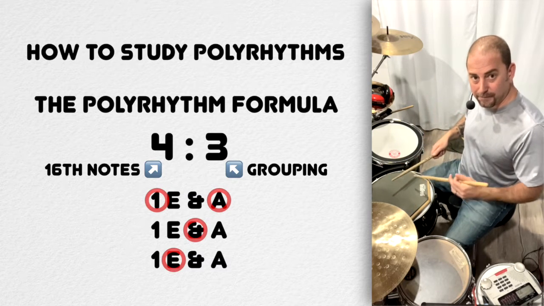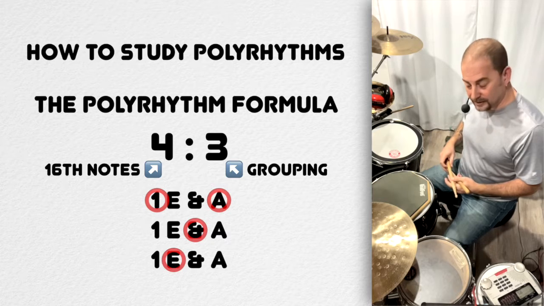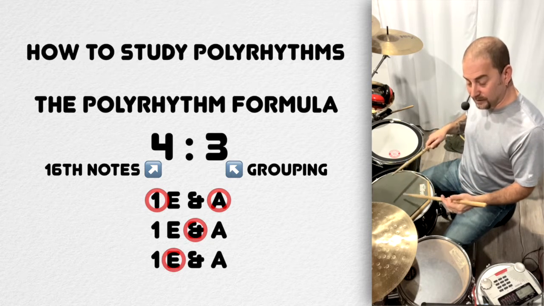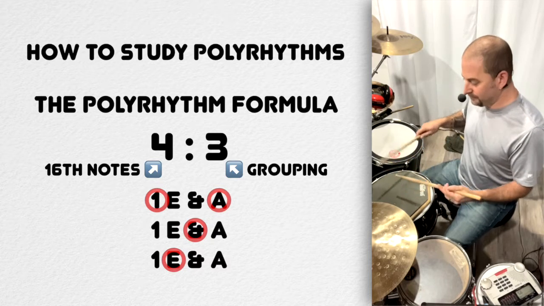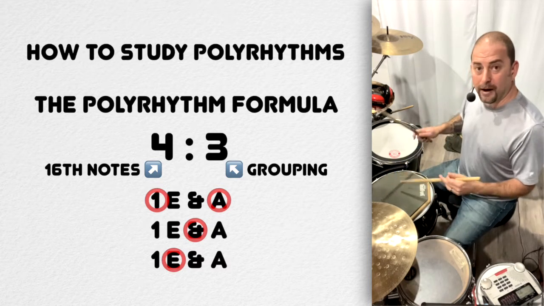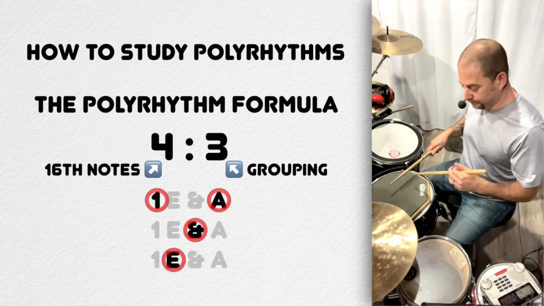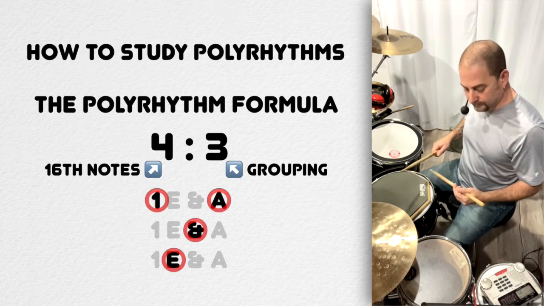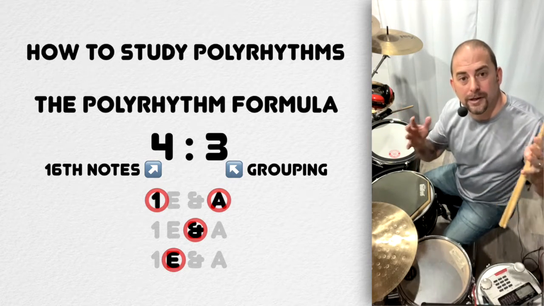Pass the bread and butter. There's a 4:3 polyrhythm. So I just started with a rhythm of 16th notes, the 4. I grouped them in 3. Now I'm going to drop out all the notes in between. And since it's math, that formula works for any polyrhythm you could think of.